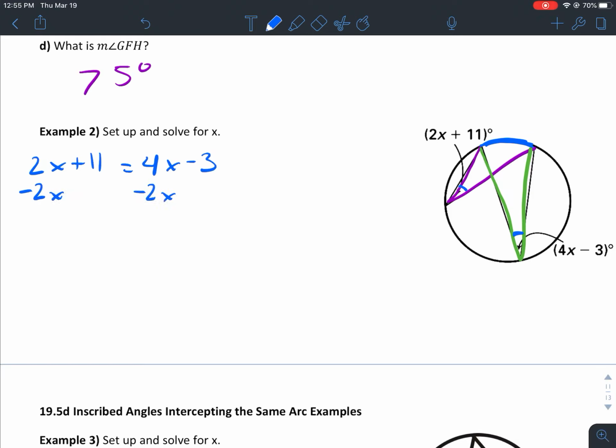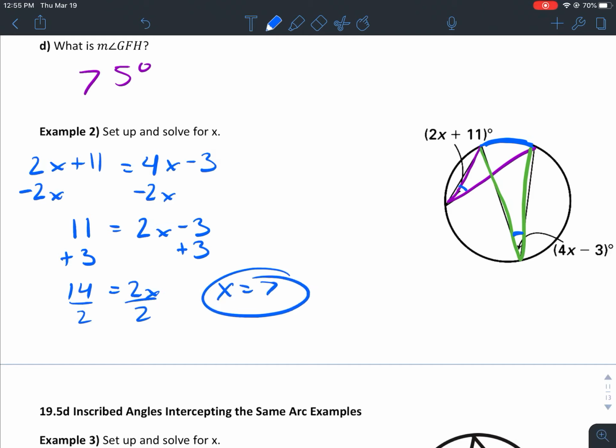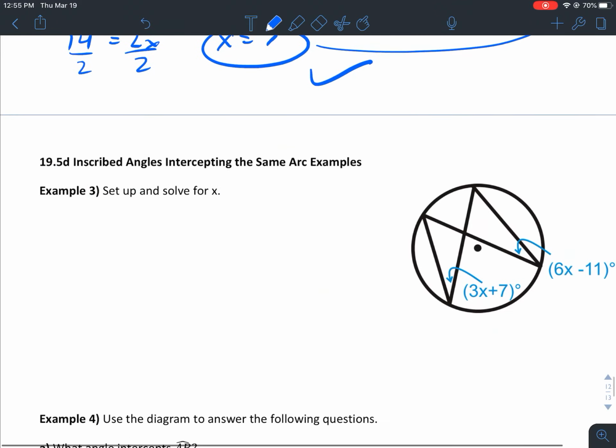So I'm going to subtract 2x. I get 11 equals 2x minus 3. Add 3. I get 14 equals 2x. x equals 7. And if we plug 7 into both of these, we will get positive values. So we know that our answer is good.